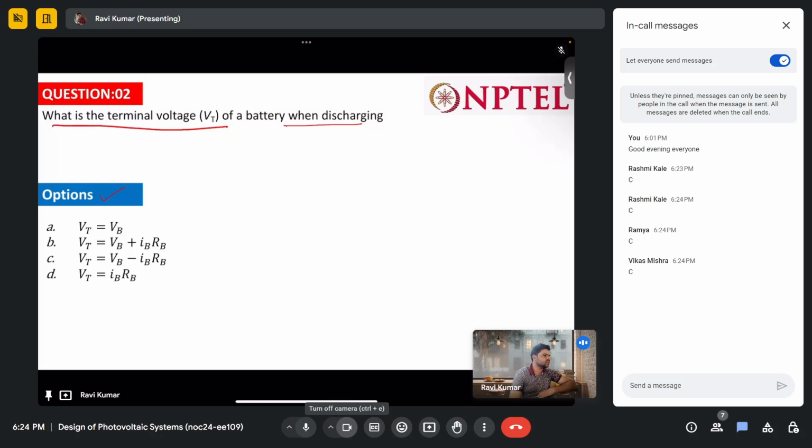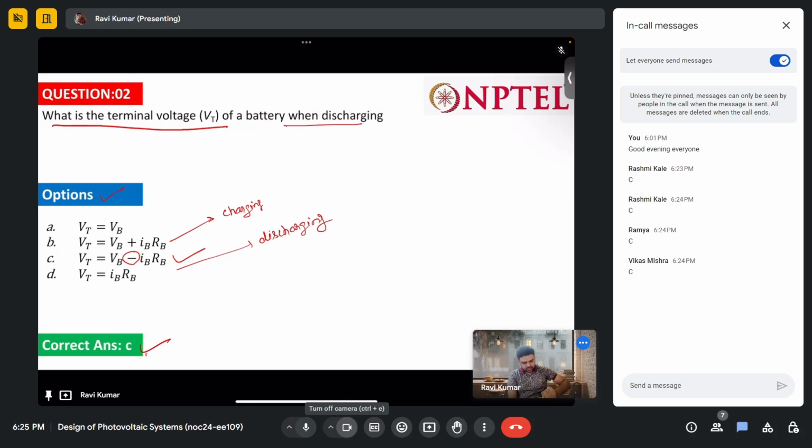Okay, I'm getting the answer. Rashmi, Ramya, Vikas all are saying C. It is discharging, so it is a negative sign here. So this is for charging and this is for discharging. So the correct answer is C.